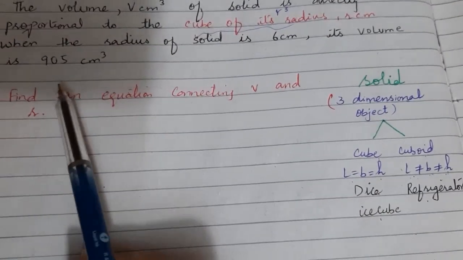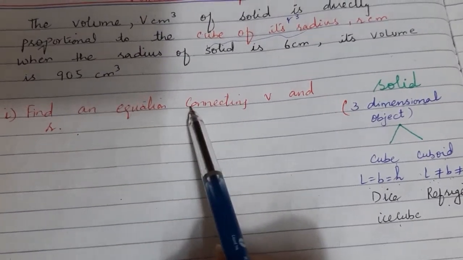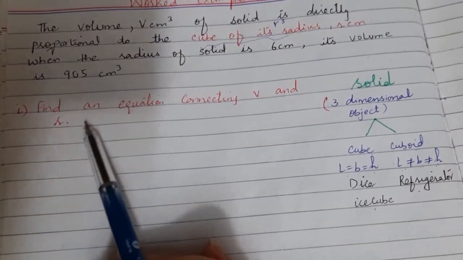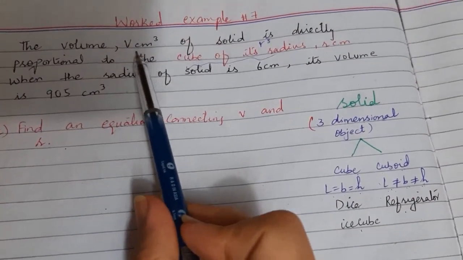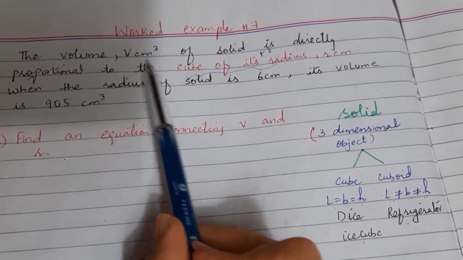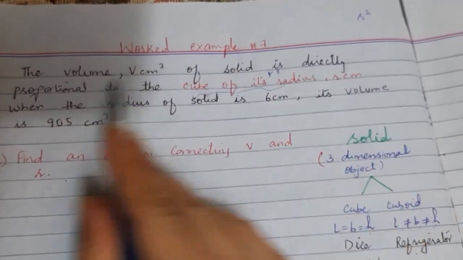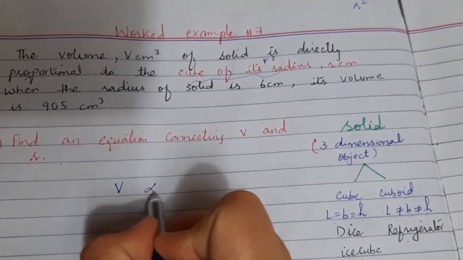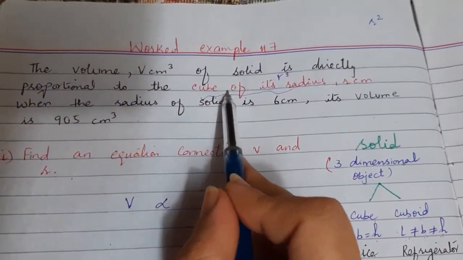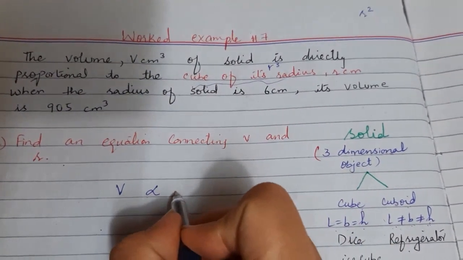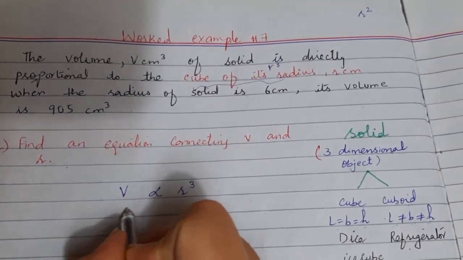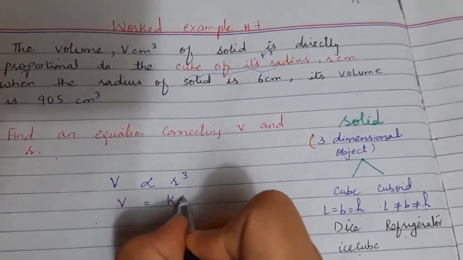In the first part, what we have to find is an equation connecting V and R. So from the statement you can see what is the relation of V and R? V of the solid, it means V is directly proportional to what? To the cube of its radius. Cube of its radius means r cube. We can write it as V is equal to k r cube.